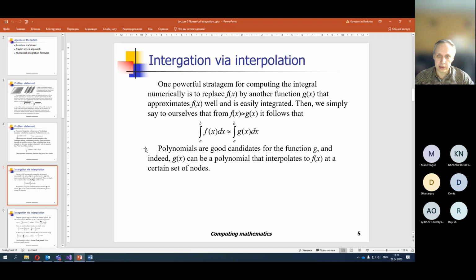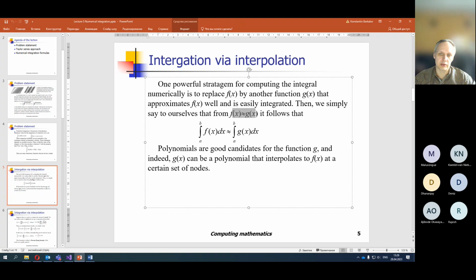One of the ideas is to replace f of x by another function g of x that approximates f of x well and is easily integrated. If f of x approximately equals g of x, it follows that the integral of f of x dx approximately equals the integral of g of x dx.